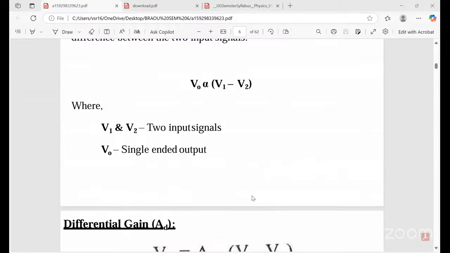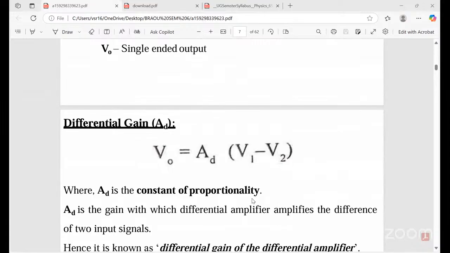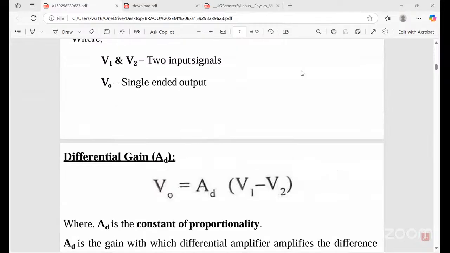Now how to calculate the differential gain? Let me tell you the equation for the gain. Gain is nothing but the ratio of the output voltage to the input voltage. V naught by Vi is AV, the gain of the amplifier.